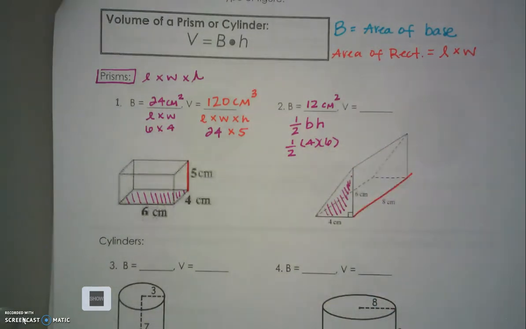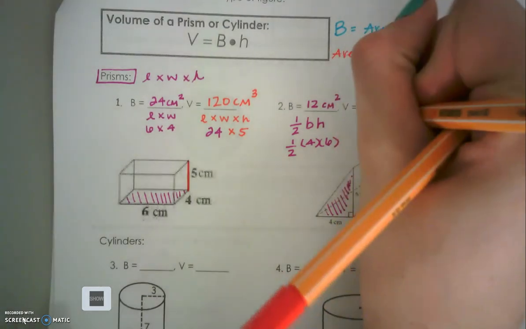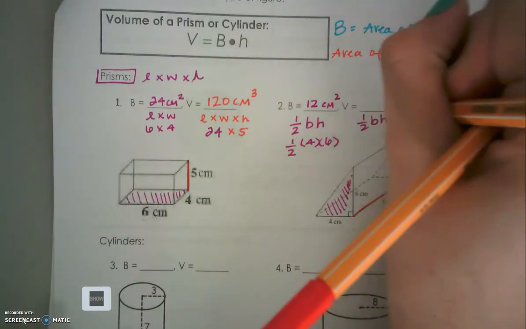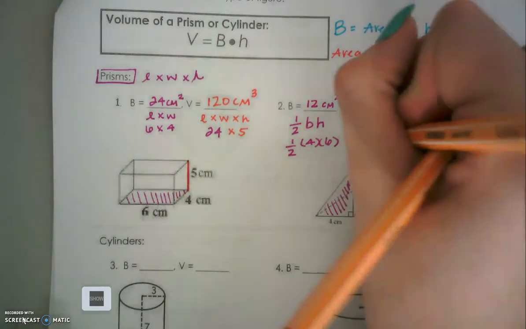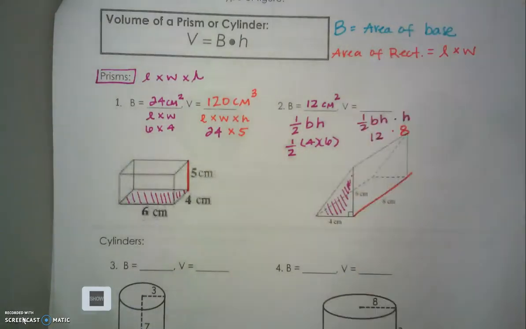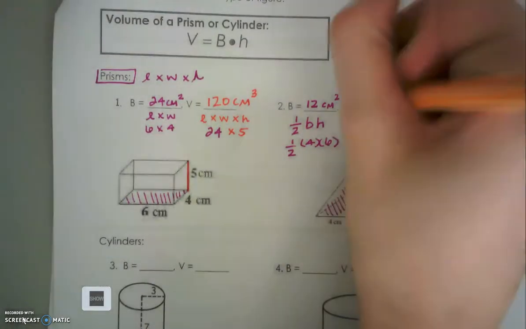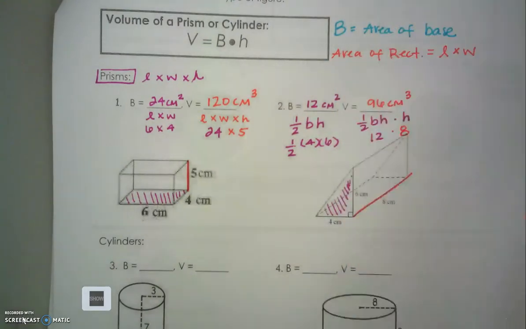So my volume is now 1/2 base times height times the height of my whole figure. So I'm going to have 12 times 8, which is 96 centimeters cubed.